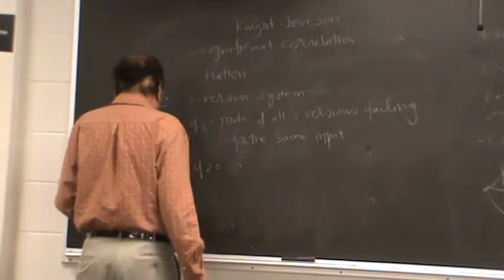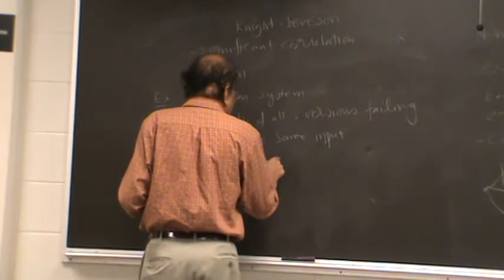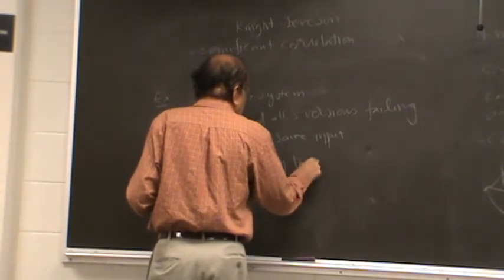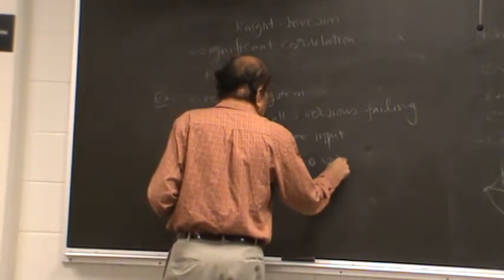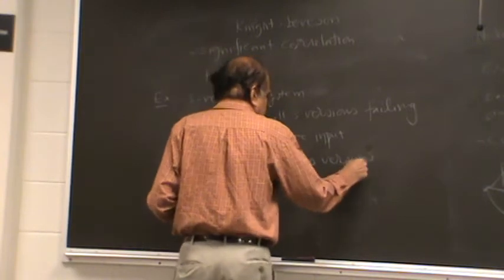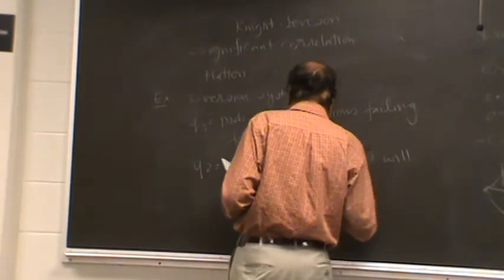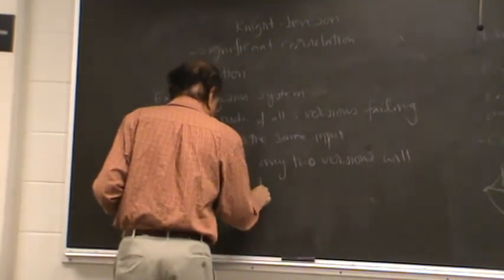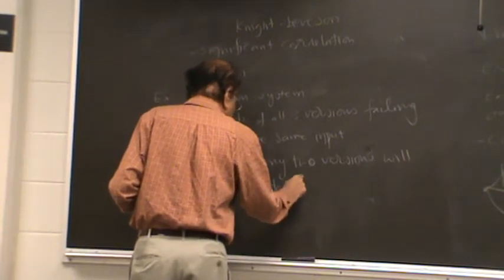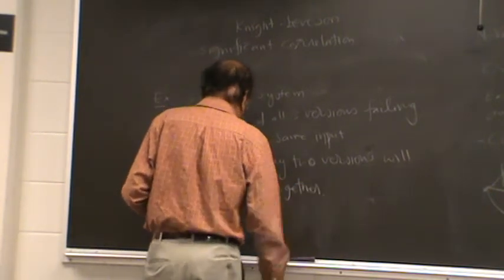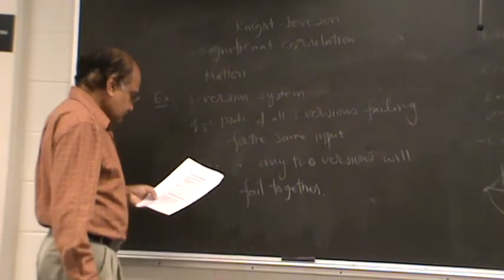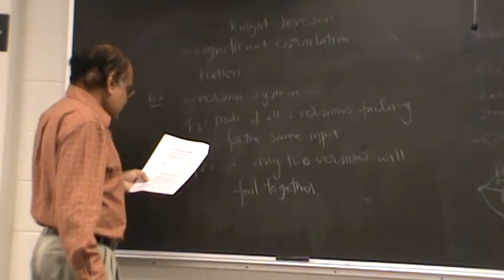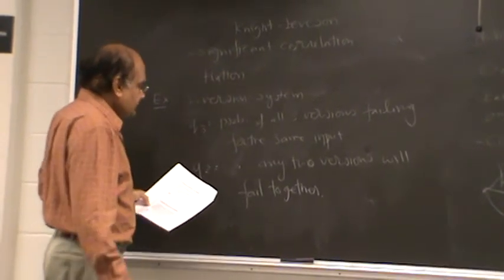Q2 is the probability that any 2 versions will fail together. And then he has a probability of the system failing.